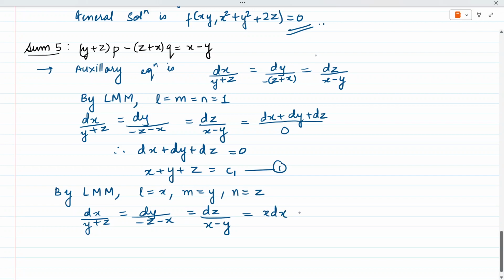L times dx, M times dy, N times dz. Denominator में x times y, x times z, negative yz, negative xy. Correct? And z times x, z times y. 0 नहीं बन रहा है. Let me take this as negative z.